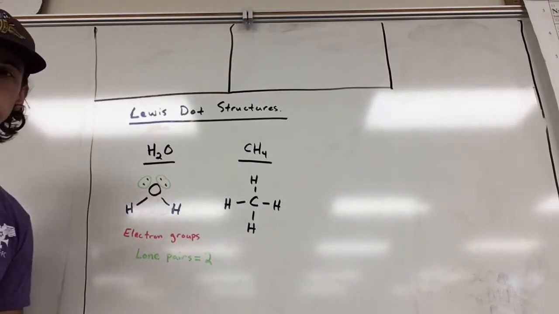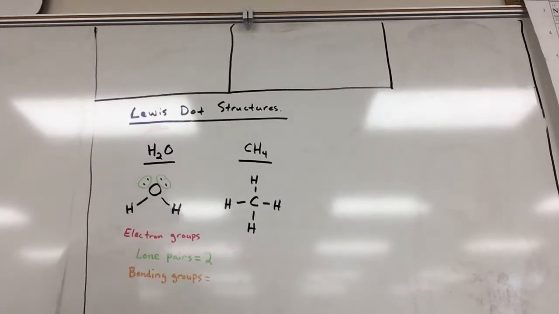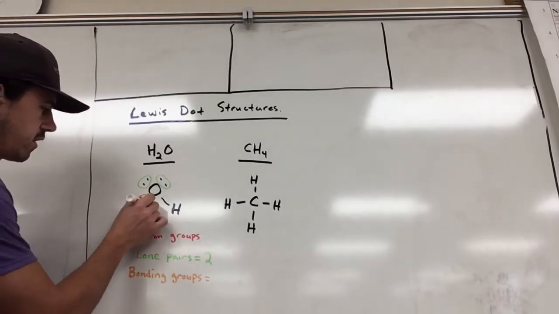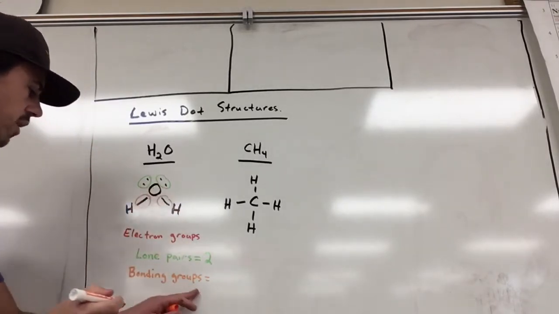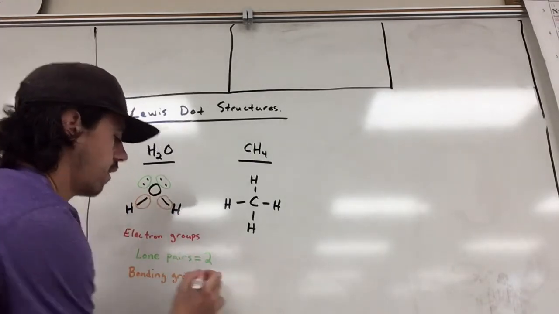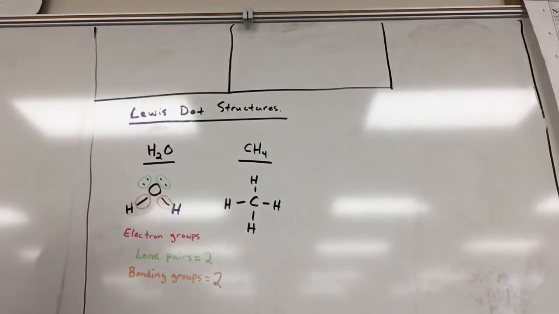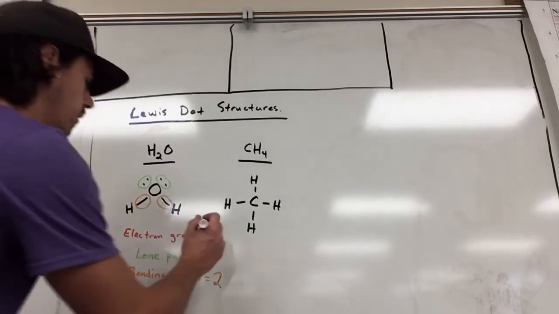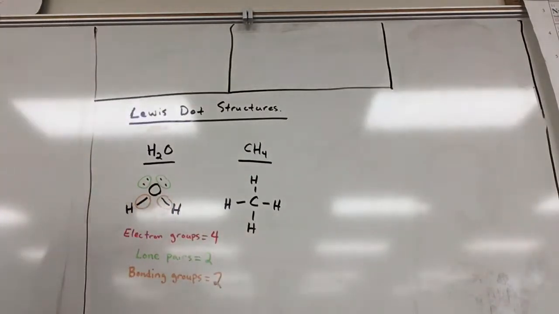The other electron groups that we're going to look at are our bonding groups. In this case, our bonding groups will be these 2 single bonds, so we have a total of 2 bonding groups. Since we have 2 lone pairs and 2 bonding groups, we have a total of 4 electron groups.